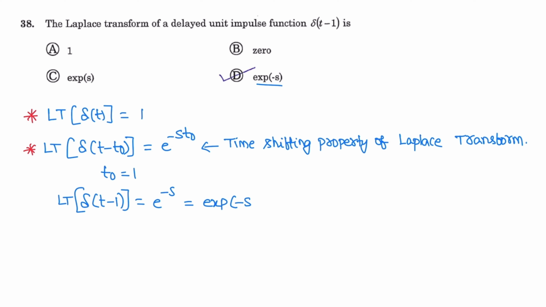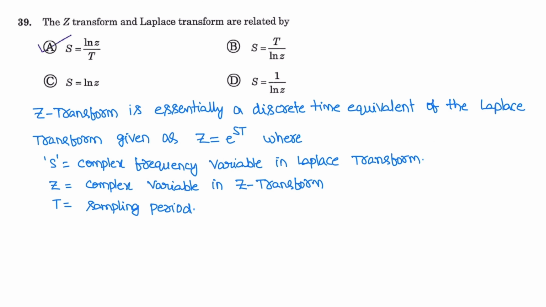The Z transform and Laplace transform are related by. So Z transform is essentially a discrete time equivalent of Laplace transform. It is given as z = e^(sT), where s is a complex frequency variable in Laplace transform, z is a complex variable in Z transform, and T is the sampling period.